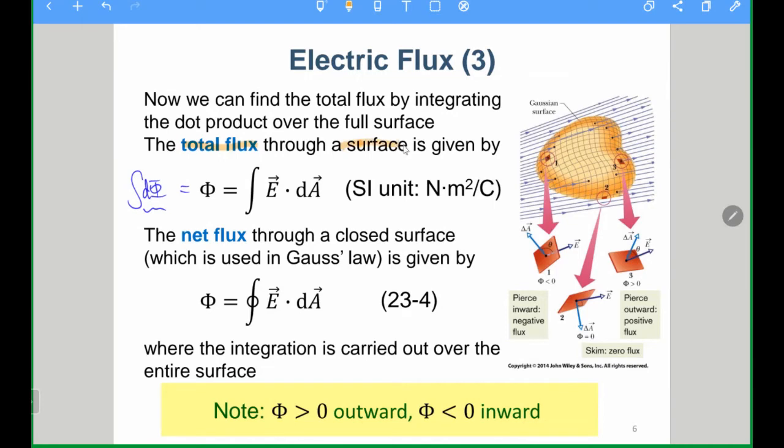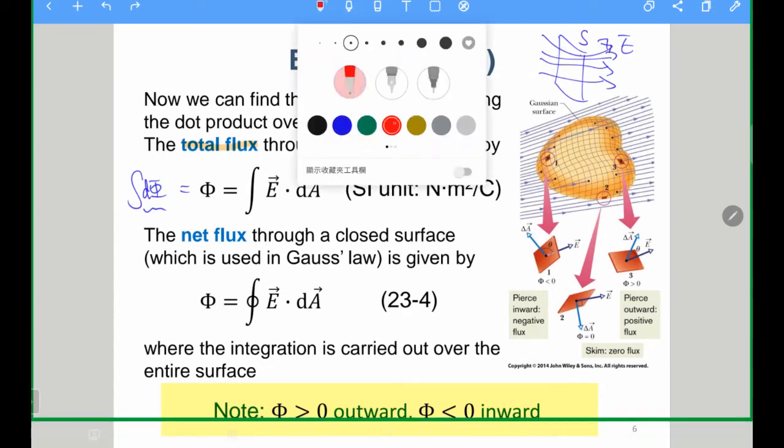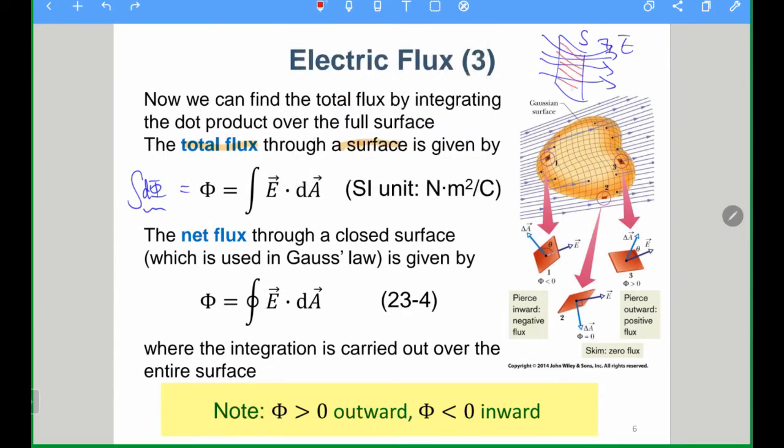It can be an open surface, like for example, if we have a surface, this is the surface we consider, and then the E field is like this, maybe not so uniform, then we can of course cut this surface into many small parts, and we try to calculate. For example, for this part, we have the E field pointing this way, and then we can define all the dA pointing to the right side.